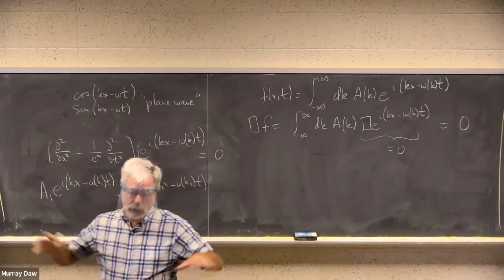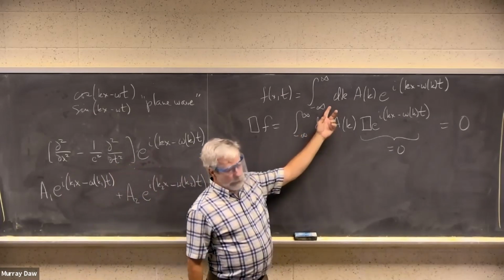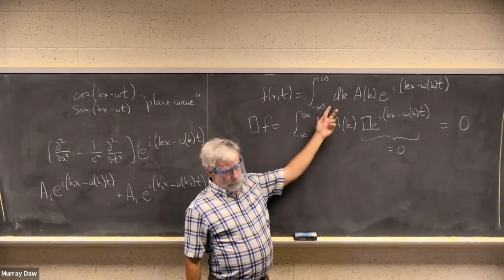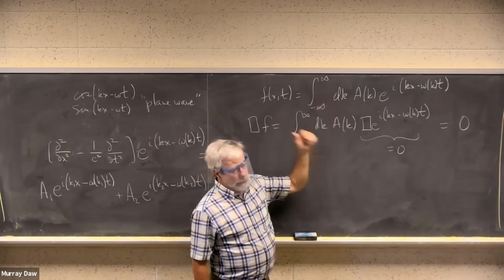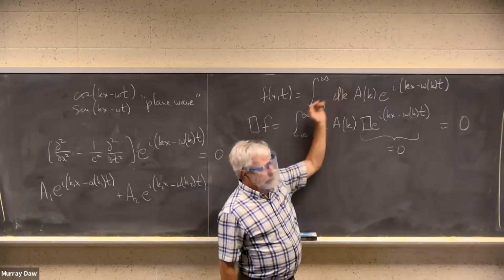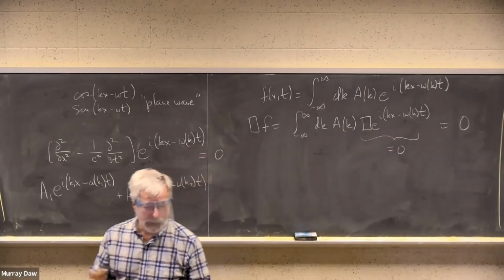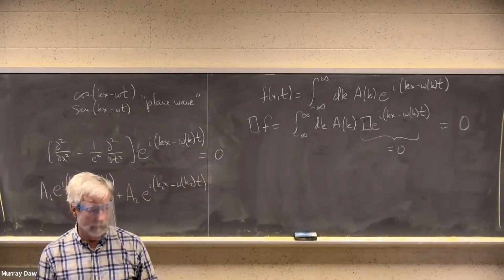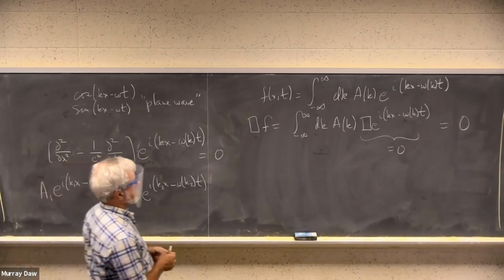So I can combine left and right traveling waves by allowing K to have a negative value. From negative infinity to zero are left traveling waves. From zero to positive infinity are right traveling waves. So it's just adding up all the possible right and left traveling waves that could be a superposition right there.